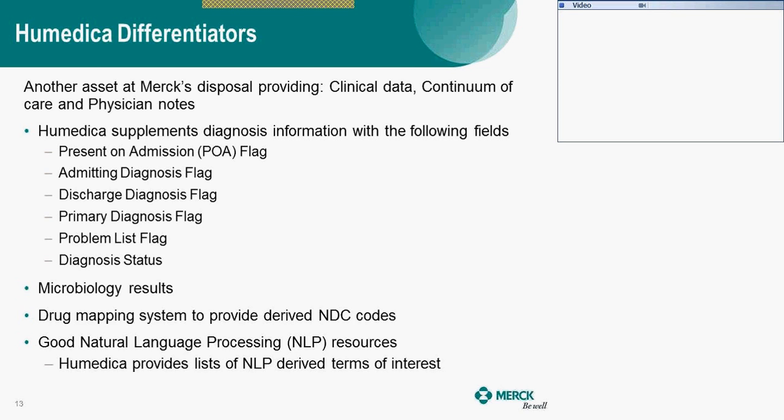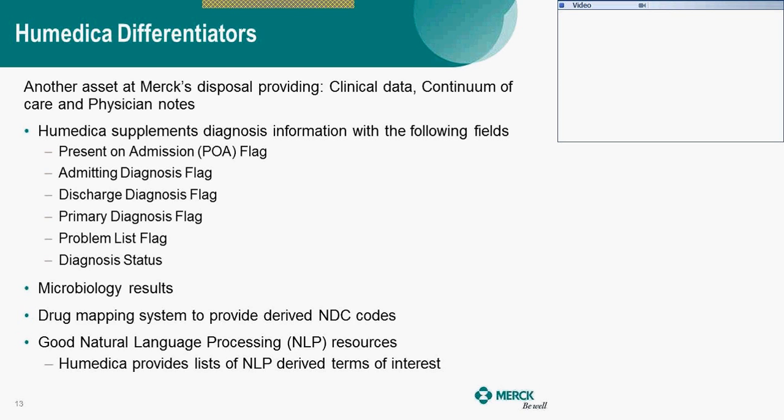Humedica. It's EMR, but it has its advantages over the other EMRs. Of course, as before, it's clinical robustness. On top of that, they managed to enhance their data, whereby, in addition to the standard diagnosis information, they create a number of flags.